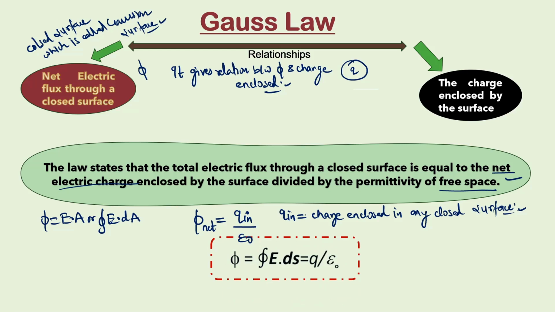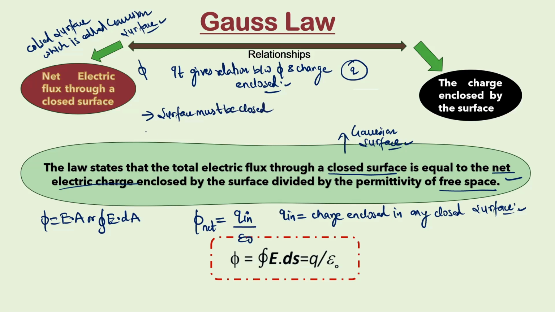One more thing: when we talk about the closed surface, it is also called a Gaussian surface. We conclude a few points from Gauss law. First, the surface must be closed.